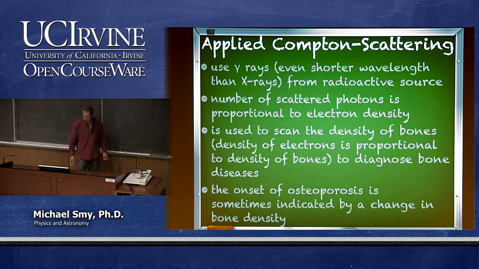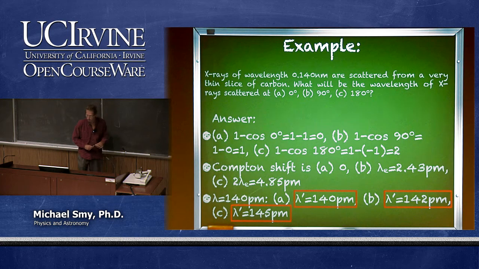And you can use the Compton scattering to scan the density of bones, since the density of electrons ought to be proportional to the density of bone material. And you can do that to diagnose bone diseases. Sometimes the onset of such diseases is accompanied by change in the bone density. So it has some diagnostic purposes.